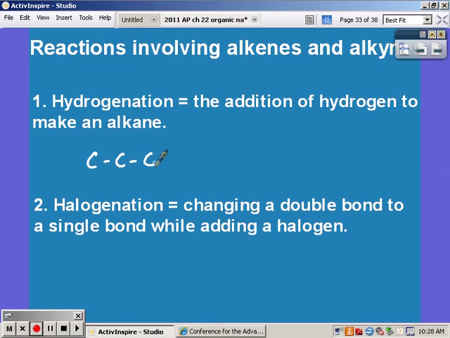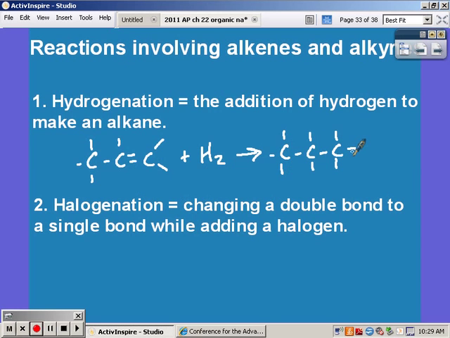In this case, we have a double or a triple bond, and hydrogen. That hydrogen breaks the double bond and saturates our alkene again. We're going to add a hydrogen on both sides of where the double bond was.